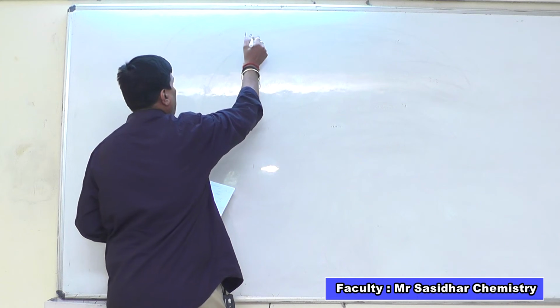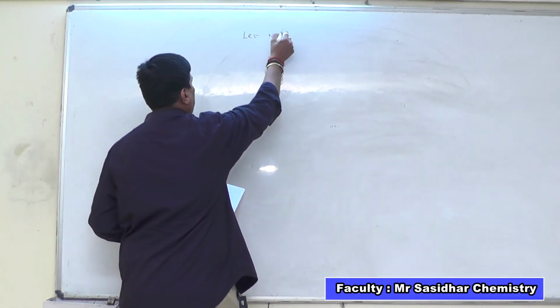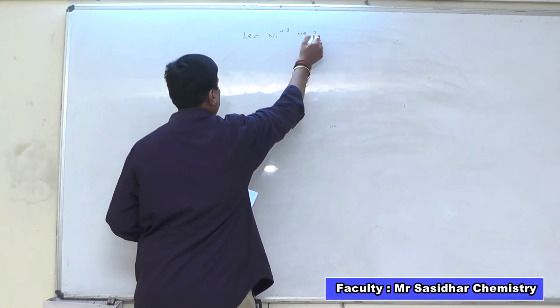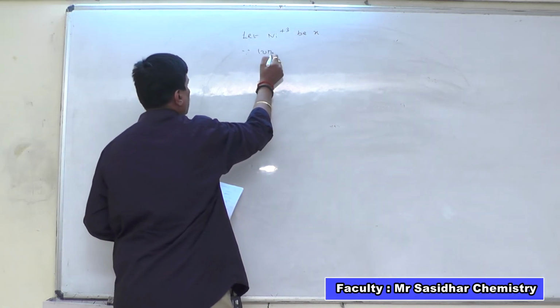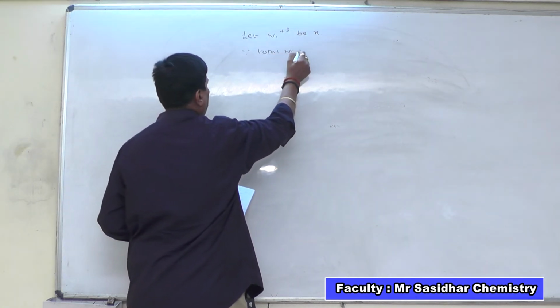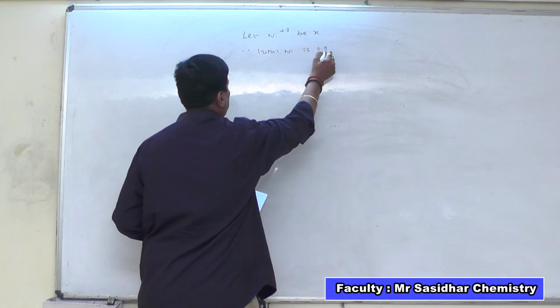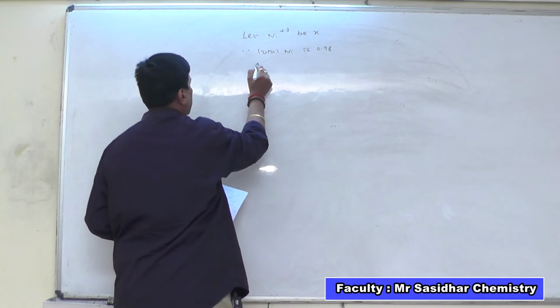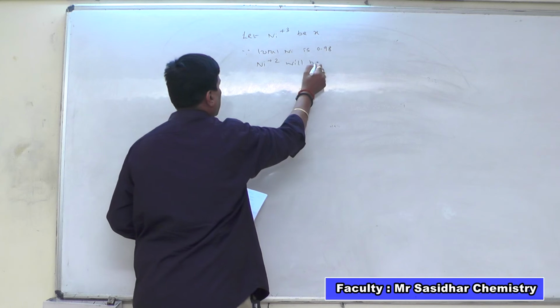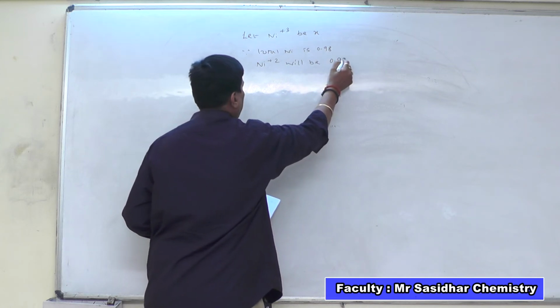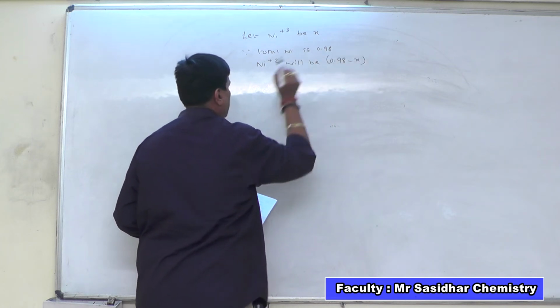So let Ni plus 3 be x, since total nickel is 0.98, Ni plus 2 will be 0.98 minus x.